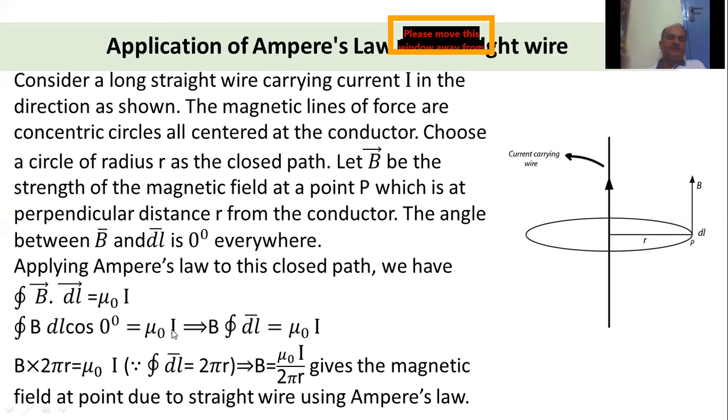So this is B times the closed integral of dl, because cos 0 is 1, equal to mu naught I. As we have already seen, the value of this closed integral is 2 pi r, so B into 2 pi r is equal to mu naught I, or B is equal to mu naught I divided by 2 pi r. This gives the magnetic field at a point due to a straight wire using Ampere's law. So this one application is done.